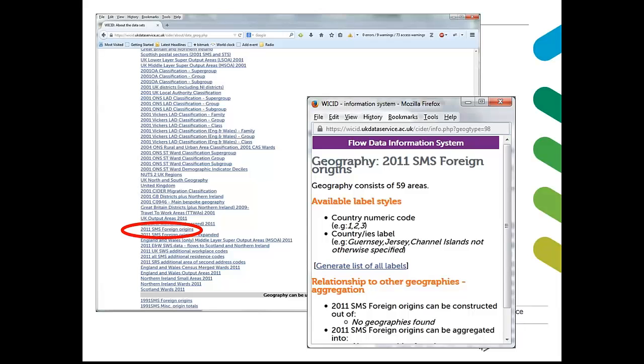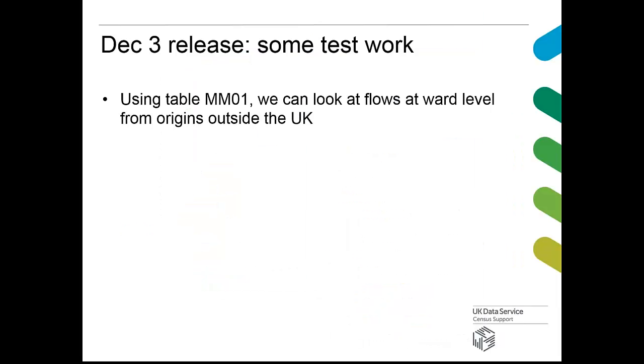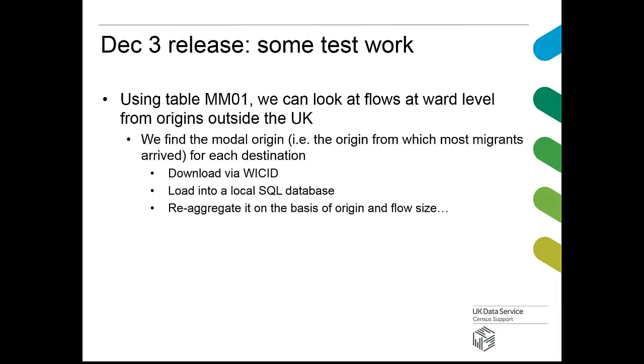If you click the supported geographies link, you get a list of all the geographies that we can use. And one of those is 2011 SMS foreign origins, a list of all the countries in that table. That pops up an information window, and in that window is a link to generate a list of all labels. So I did that to get a list of the country codes within that table that I downloaded.